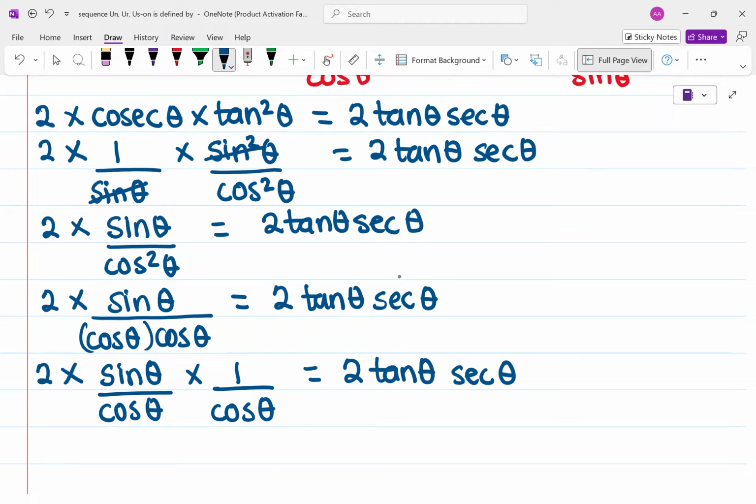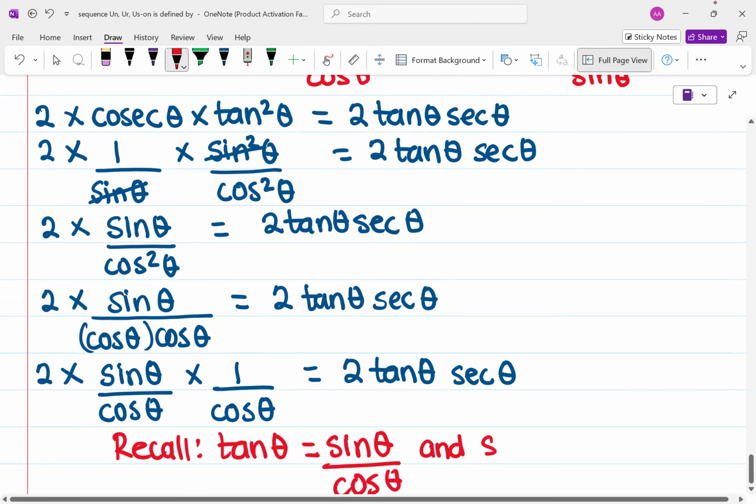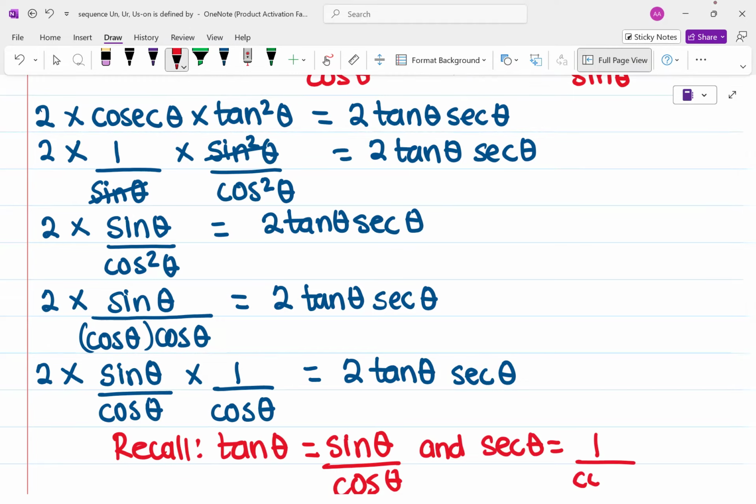For this one, I will also recall that tan theta is equal to sin theta over cos theta, and sec theta is equal to 1 over cos theta.